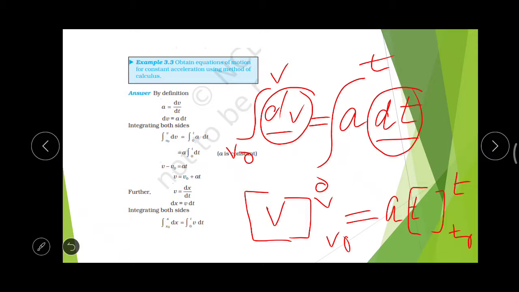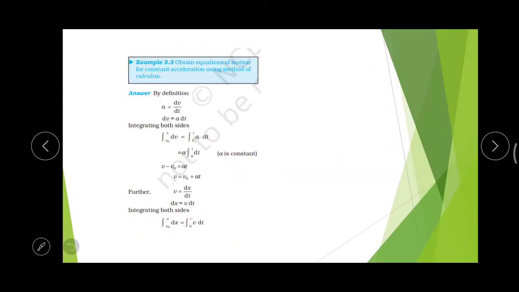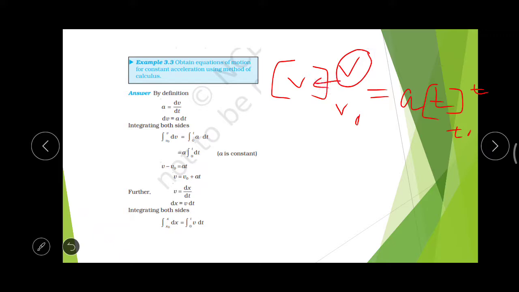So v minus v0 is equal to a into t, with the limit 0 to t. First apply the upper value, v, minus the second value, v0, and similarly for t.